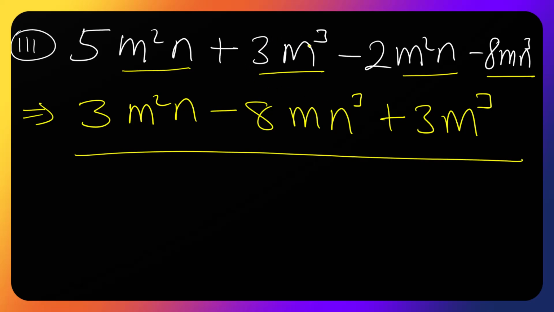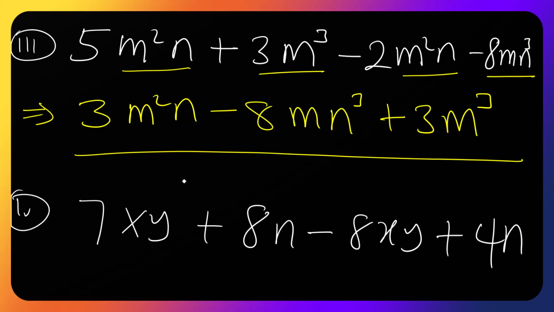All right. So same thing. We have xy, xy. So 7 minus 8, that will be minus 1. So we have minus xy.